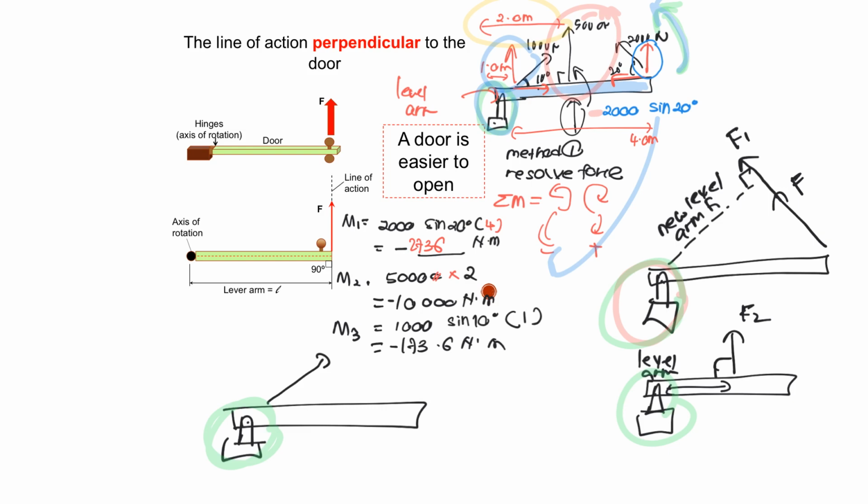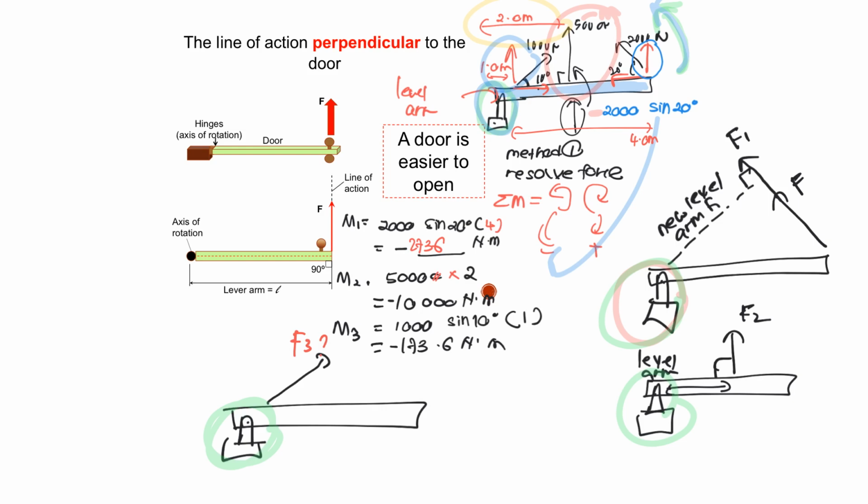So where is the direction of the new lever arm for F3?